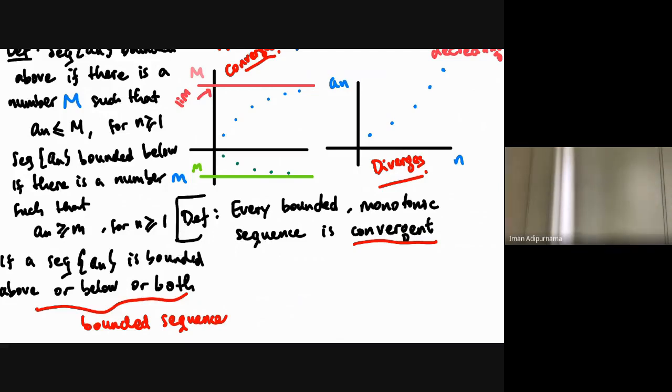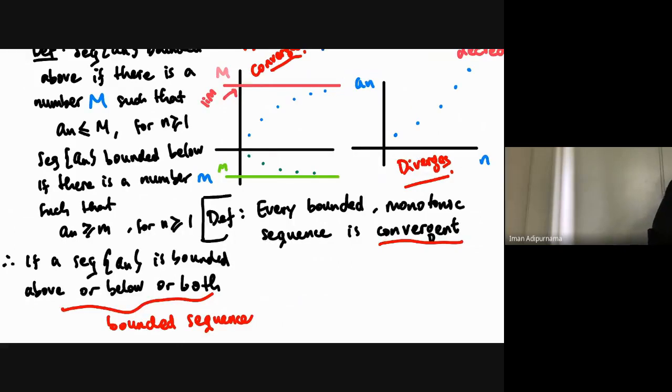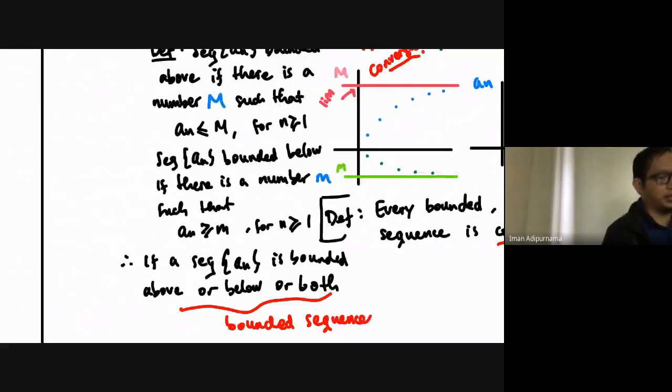Another sequence like that, going below and bounded here, bounded below. If you want to draw what the statement means, it's the big M and the small m.